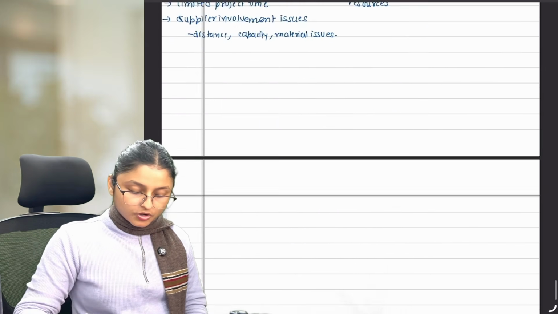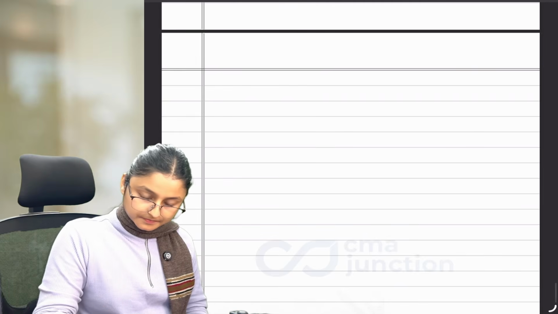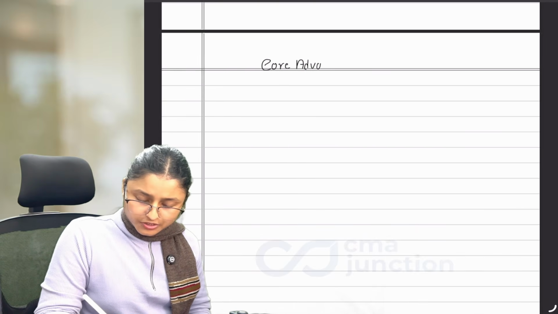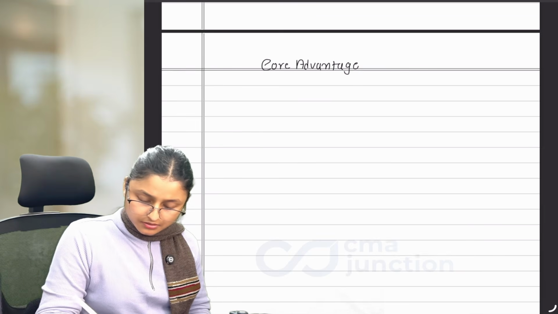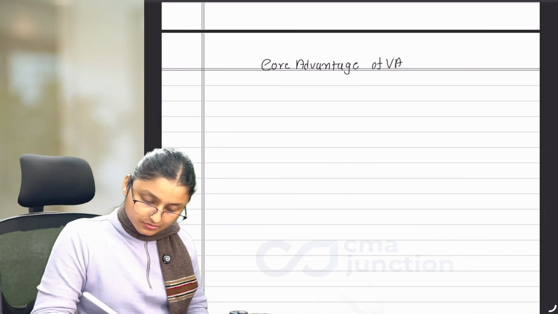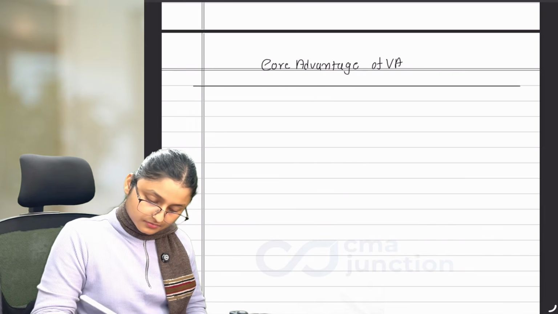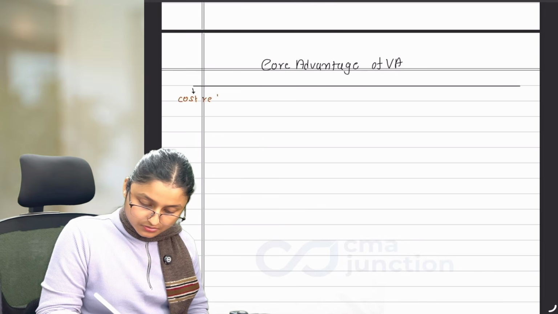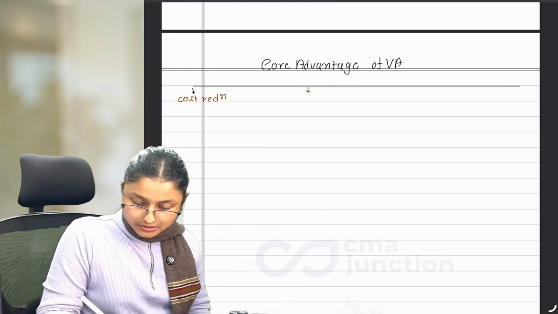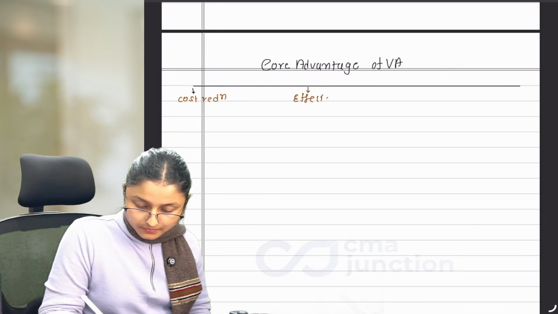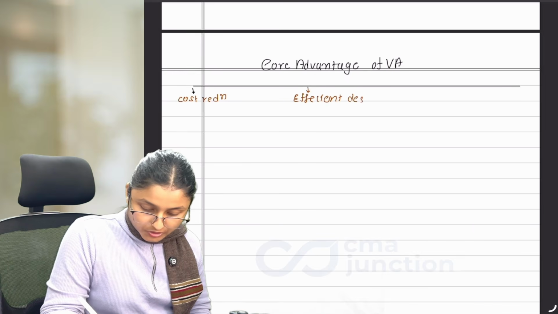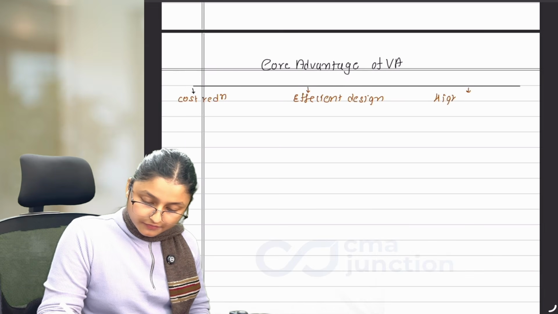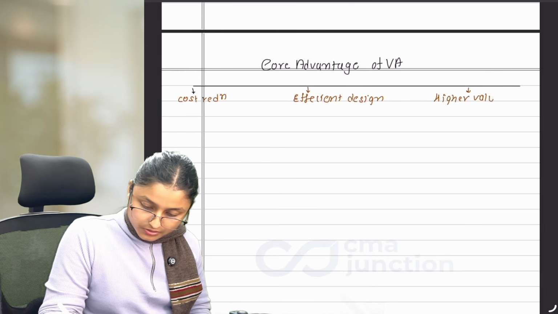Next is core advantage of value analysis. So the first core advantage is cost reduction, right? The second advantage is efficient design. We can improve the design of the product also. And at the end, higher value for the customer.